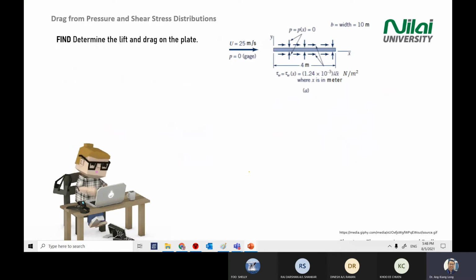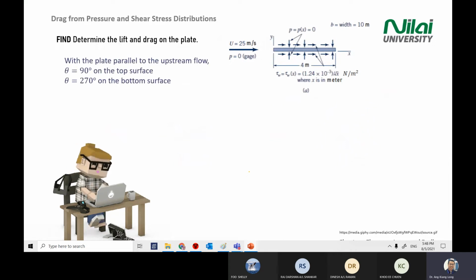We solve for case scenario A first. If you look at the parallel plate, we divide into top and bottom surface. If you look at the bottom surface, the angle that we look at is 90 degree compared to the upstream here, and then the bottom one will be 270.